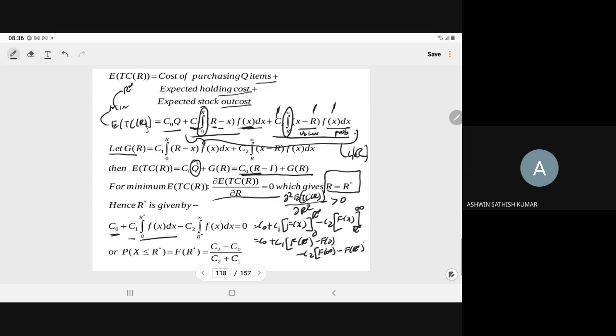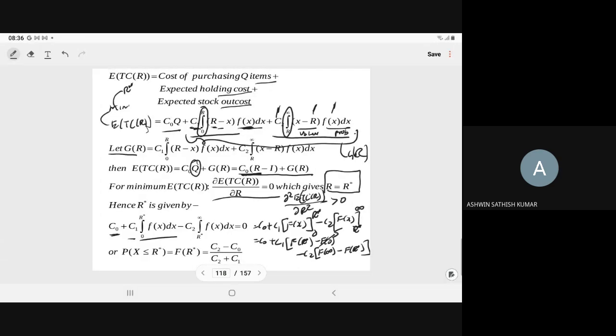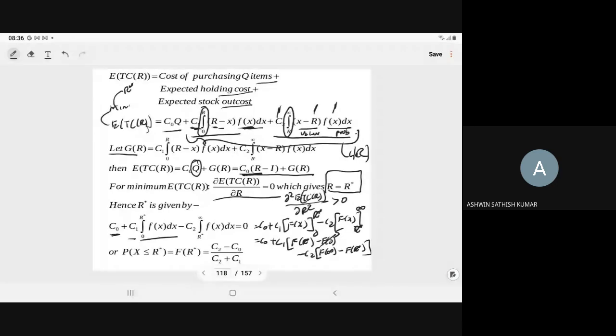So can you tell me what is the value of F of 0 and F of infinity? What is the lowest probability and what is the highest probability? Yes, it's 0 and 1, right?